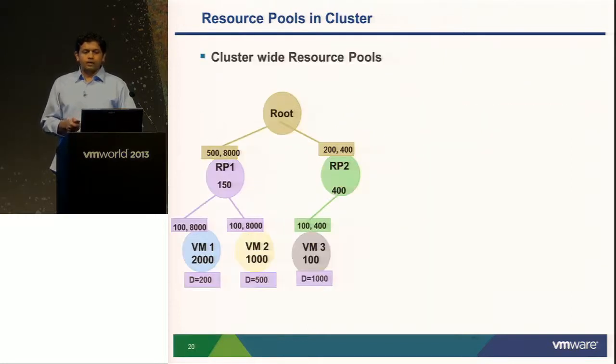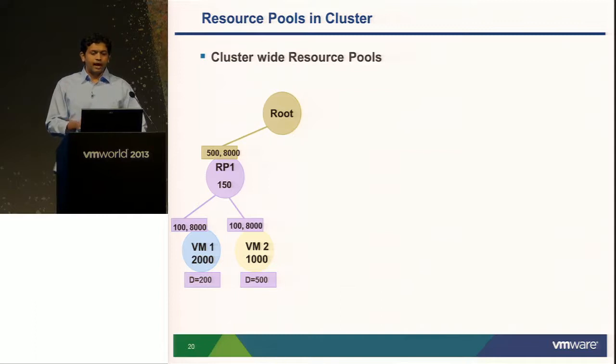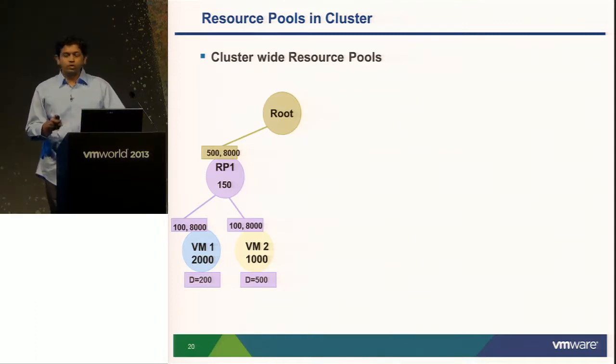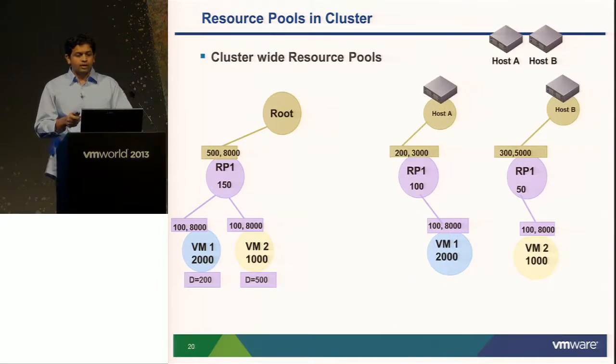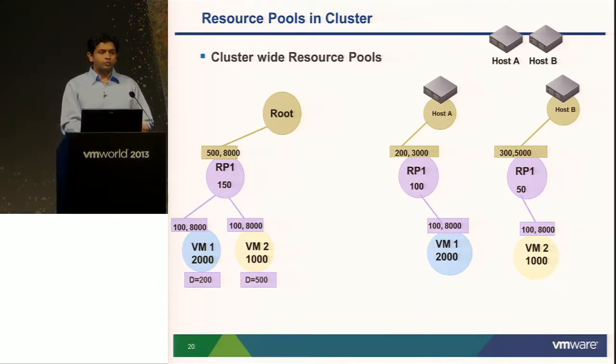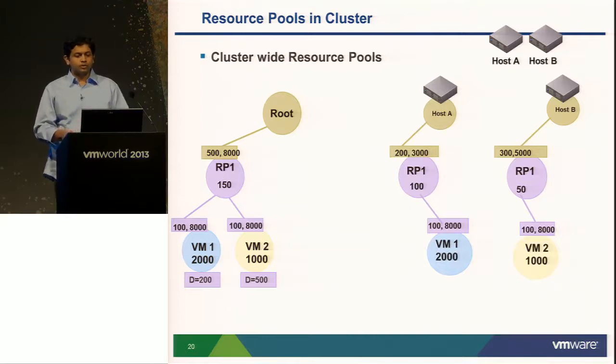Okay, so let's see how resource pools work. Let's consider just resource pool RP1, and it has two VMs on two different hosts. On the host, RP1 would be copied, and each host would have its own RP1.